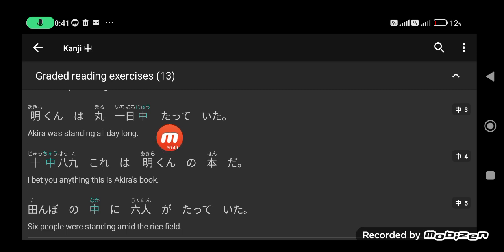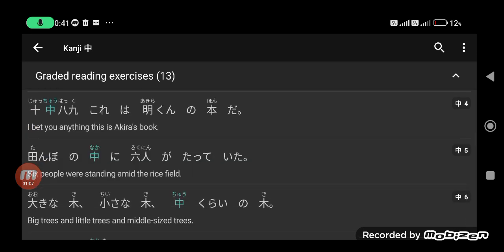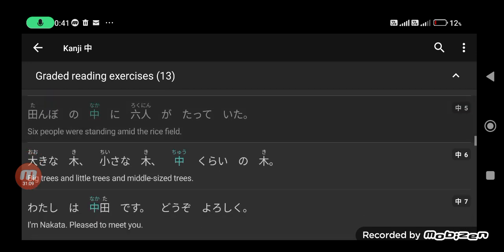The base verb is stand, tatsu, but in the perfect present tense, it will now be conjugated to tatteita. Okay, for the other examples, please screenshot this, minasan.